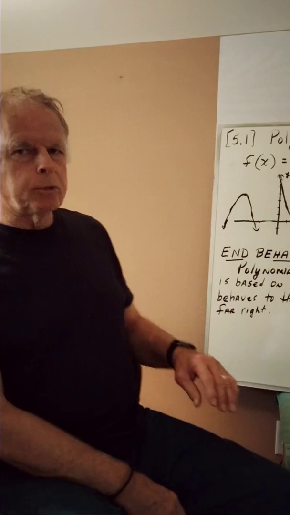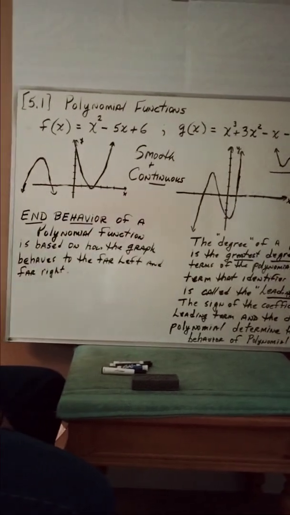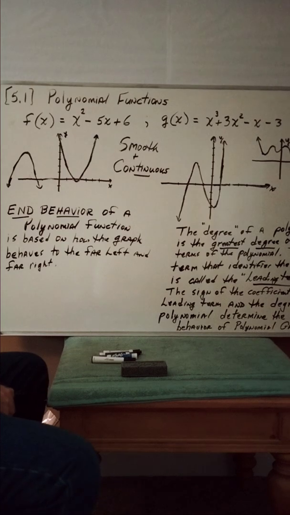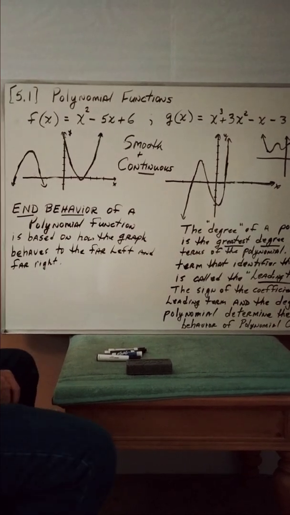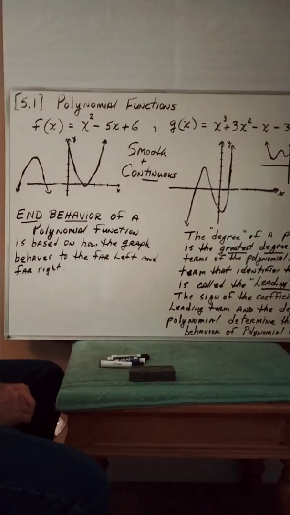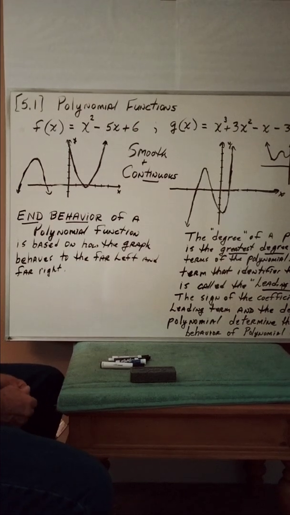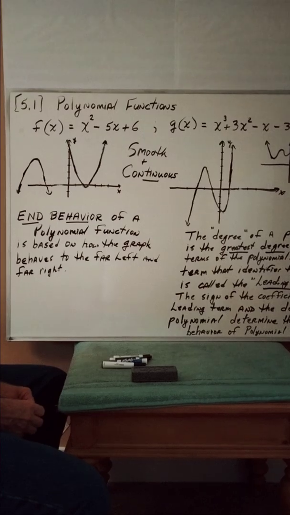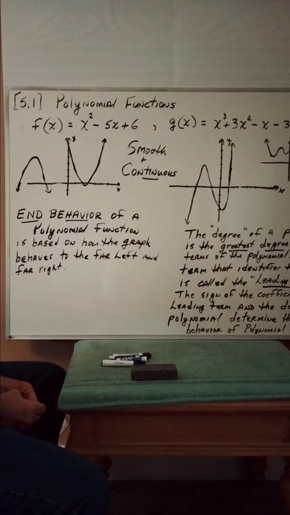So I want to come up to this whiteboard right here, and we want to speak to some key thoughts that are going to lead us to being able to determine what's commonly referred to as the end behavior of the graphs of polynomial functions.